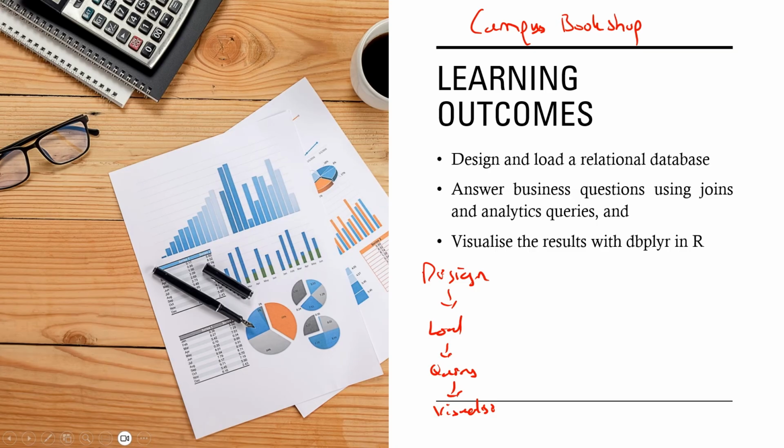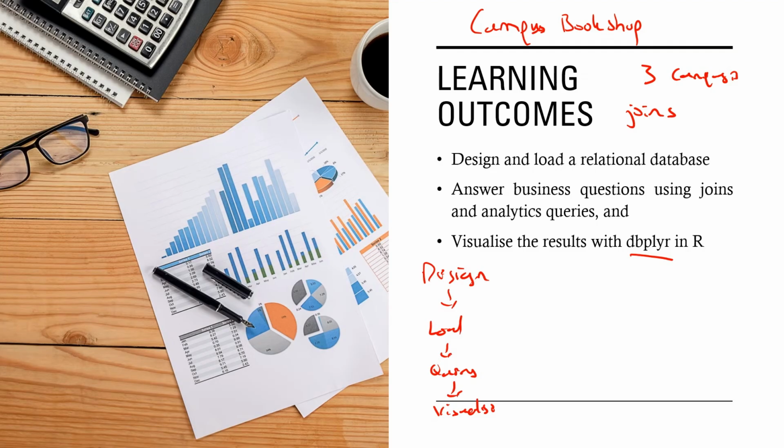Let's suppose, to make things a little bit easy, that you have three different campuses, and we'll build a tiny operational database, and answer the manager's questions using what we have already done before, joins, plus some analytics in SQL. And then we will visualize these answers with dbplyr in R. So what we will focus on today is mainly the practical aspect rather than any theoretical aspect.